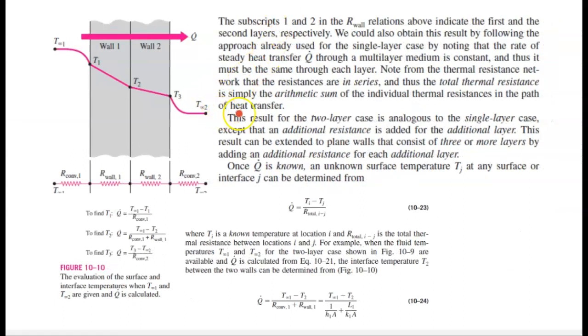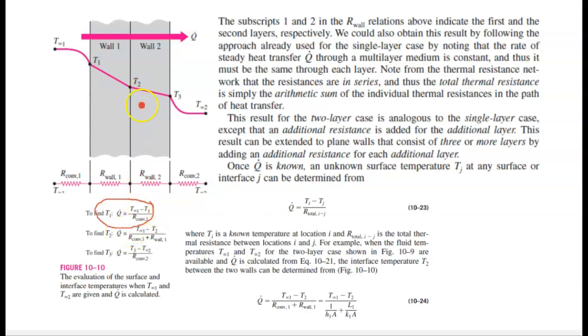Okay. What happens if you've got a cavity? Okay. So we have the values. Now if I want to find out the T1 here, and I have given this value, and I have the convection rate, I can rearrange the equation, which is Q equals T infinity 1 minus T1 divided by the R convection, and I can rearrange that to find the value of the T1.